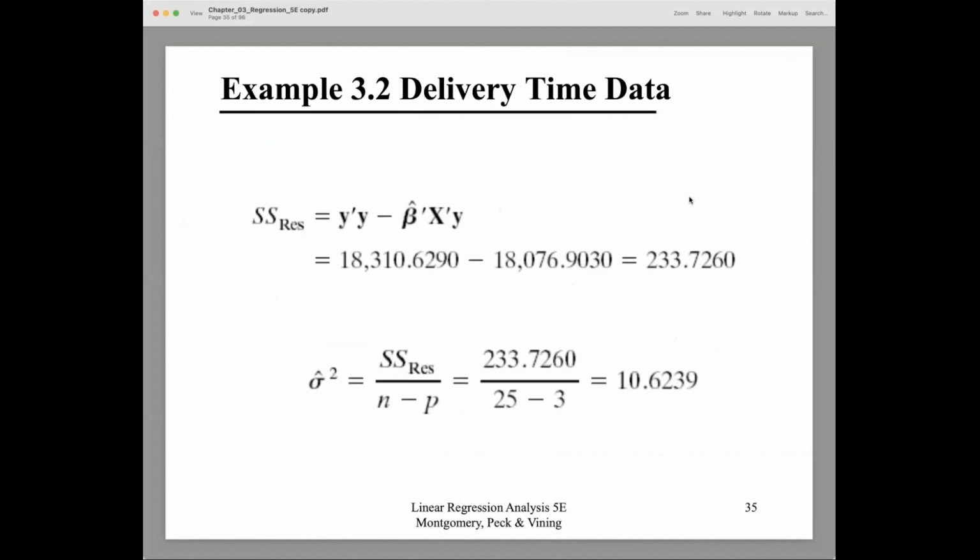And you can see here that their estimate of sigma squared is the same that we got, 10.6239. Okay, so that is all I'm going to talk about in this example. We've got some additional examples, and we've got some subsequent sections to cover, and so we'll do that in subsequent lecture videos.